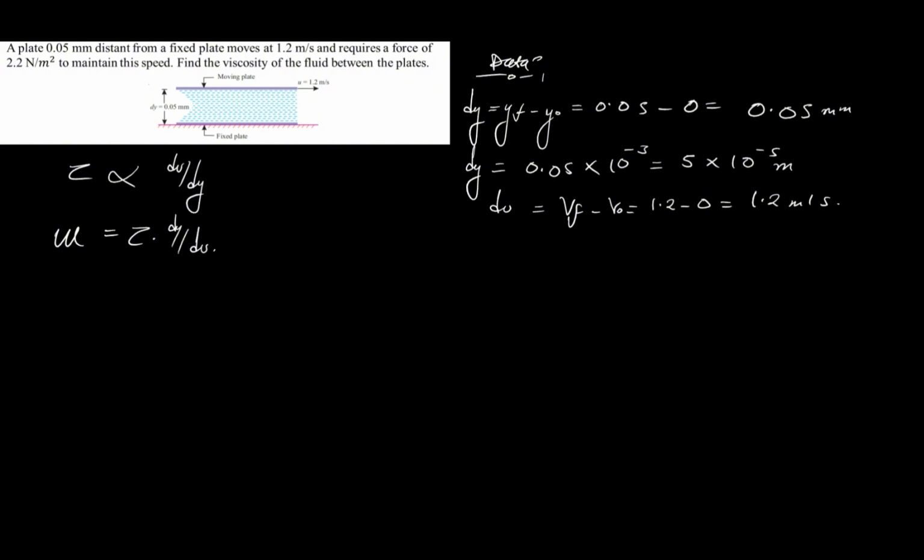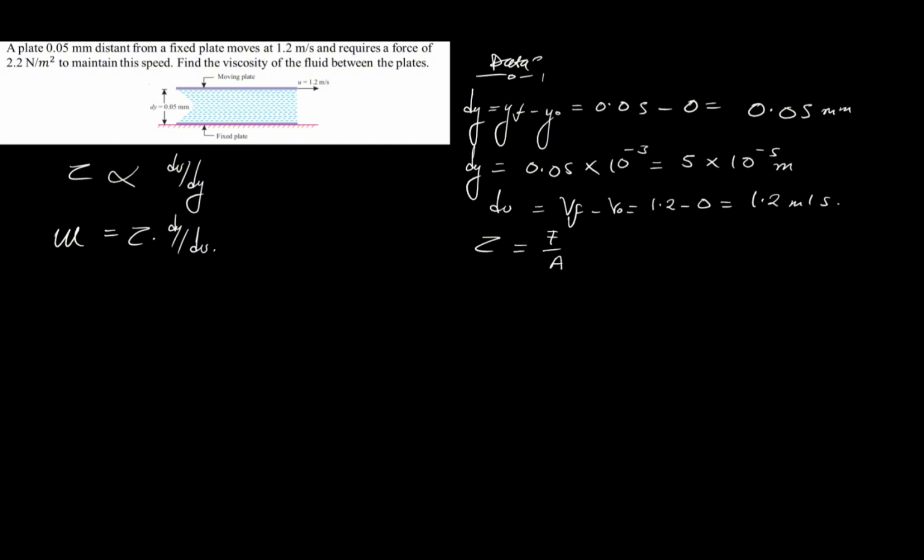Other than that, we also need to find the shear stress. Shear stress is force over area. So every time you have a question, always understand what you have been given as your values by always looking at the units you have at hand. In the question, it says, a plate of 0.05 millimeter distance from a fixed plate moves at 1.2 meters per second and requires a force of 2.2 newtons per meter squared.